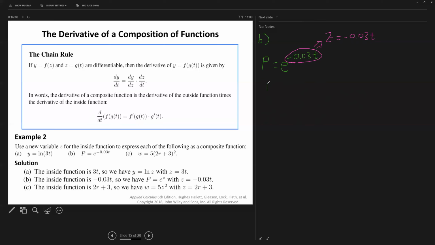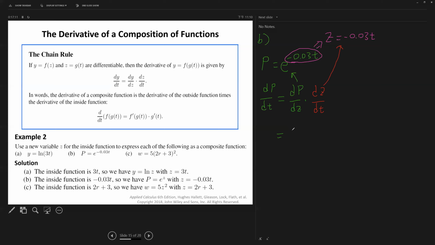So to find dp dt, the derivative of p with respect to the independent variable t, we need this z in the middle, right? So dp dz multiplied by dz dt. All right, so dz dt again is going to come from here, and dp dz is going to come from here.